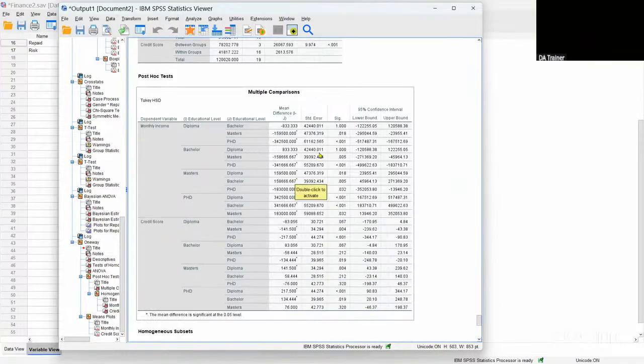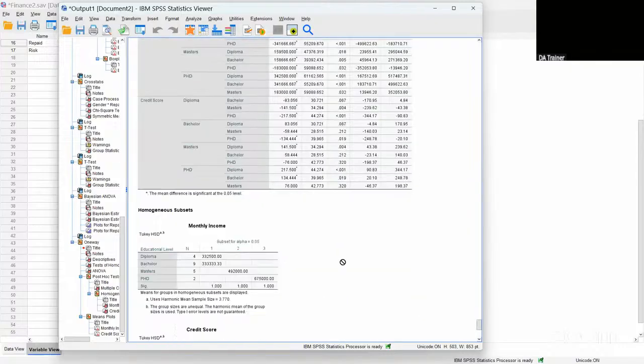Right? And now these are the multiple comparisons. We have all of them here, as well as their significant values. Once you find out that the significant value is less than 0.05, then that entity is to be accepted.